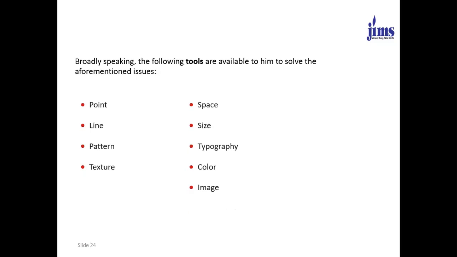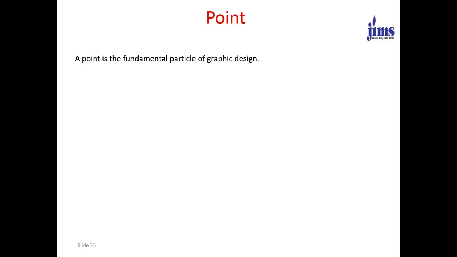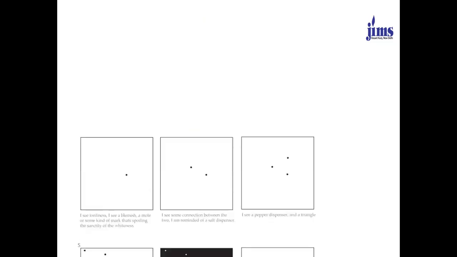Okay, so here in the slide that you can see, we have point, line, shape, size, pattern, typography, texture, color, image. We'll be talking about all of these elements in detail. So let's begin with the first element, that is point. As you can see in the definition, a point is the fundamental particle of graphic design.